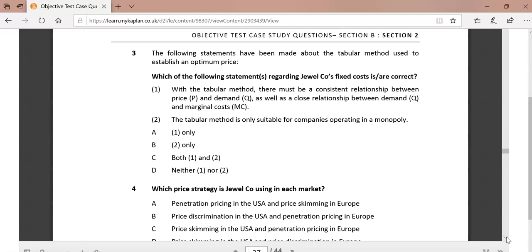So I think you can only use, yes, I'm sure the tabular approach is only suitable for companies operating in monopoly. Any other companies that have some variability, we can rework your curves, but if you're operating in monopoly, then we just have to literally write everything out and see what's going on. So definitely, probably only 2, yes, I'd go with only 2. It's a slightly tricky question. Only 2 is true.